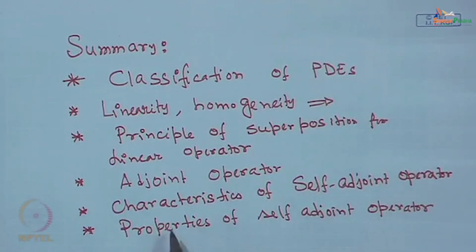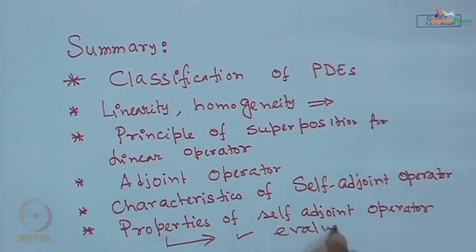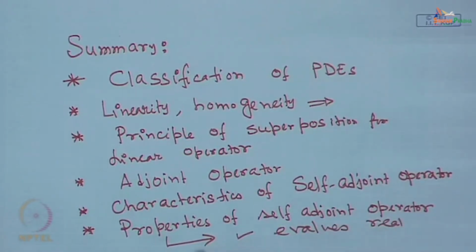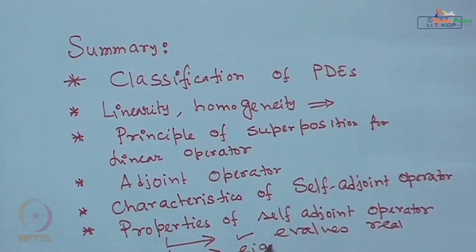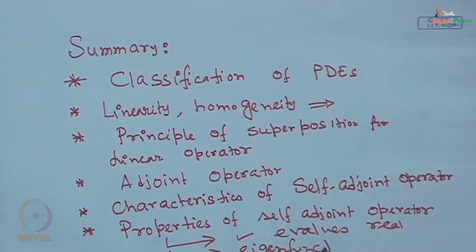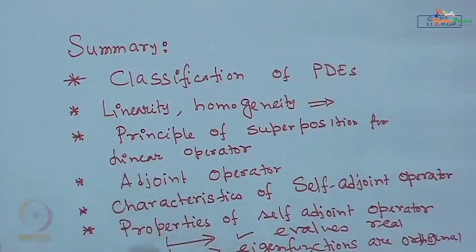The important properties are: number 1, the eigenvalues are real, and the eigenfunctions are orthogonal to each other. With this background, we will be in a position to solve linear partial differential equations by using the separation of variables method.